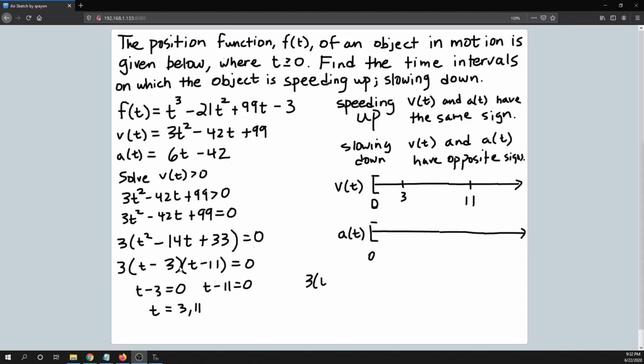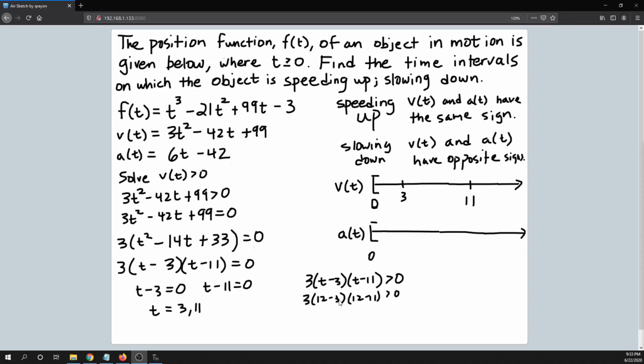All right, so I'm going to plug these test points into this inequality. So first, over here on this side of the 11, I'm going to pick a 12. So if I plug that in, I get 3 times 12 minus 3 times 12 minus 11. So that's a 1.